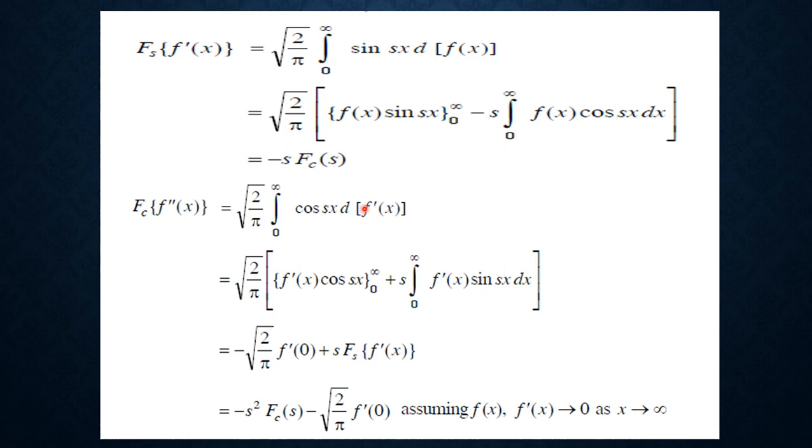Now integrating by parts, that is root over 2 by pi into [f'(x) cos sx] from 0 to infinity minus, and the derivative of cos sx is minus sin sx, that is minus minus plus s into integral from 0 to infinity of f'(x) sin sx dx.